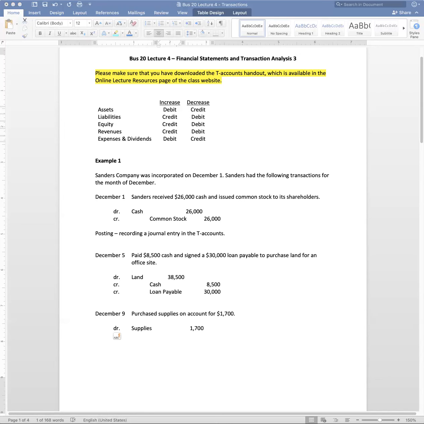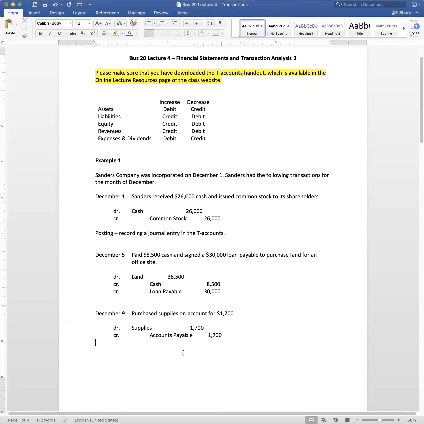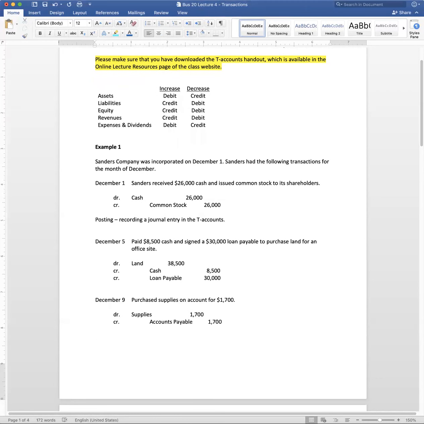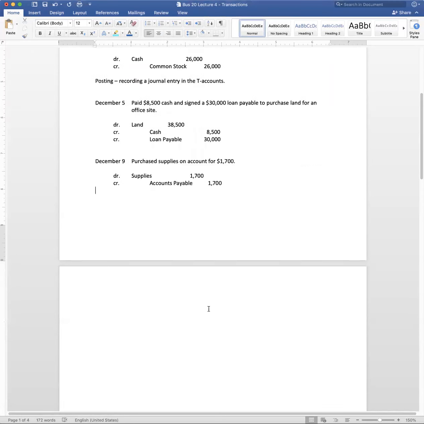All right, so let me get that in there. There we go. Okay, now we are going to post this to the T accounts. So first we have a debit to supplies of $1,700.